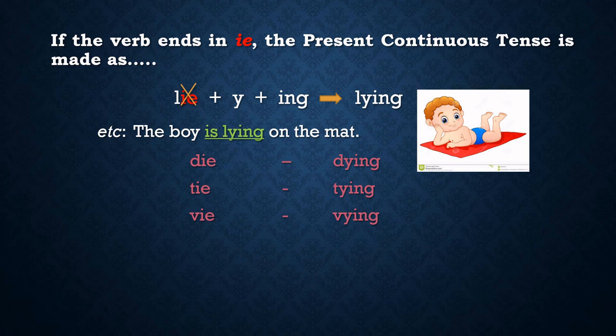If the verb ends in IE, the present continuous tense is made by dropping IE and adding Y and adding ing. For example, lie. Lie is a verb which ends with IE, and we have dropped the letters I and E and we have added Y. Finally, we have added ing to it, which is lying.